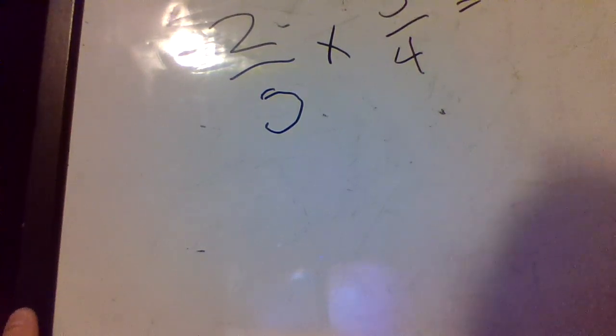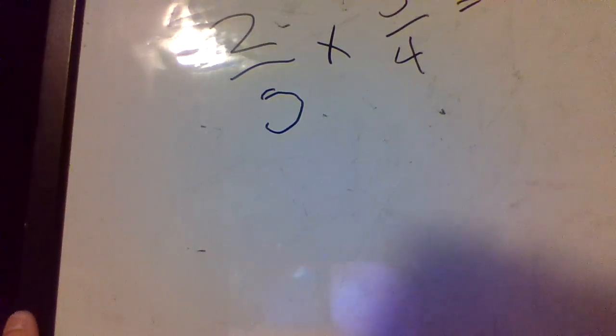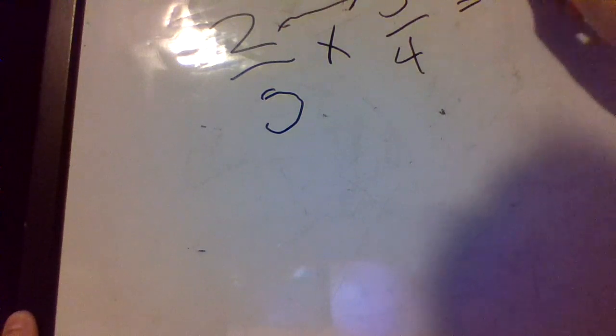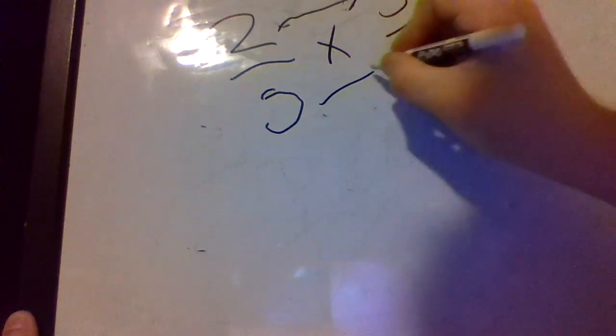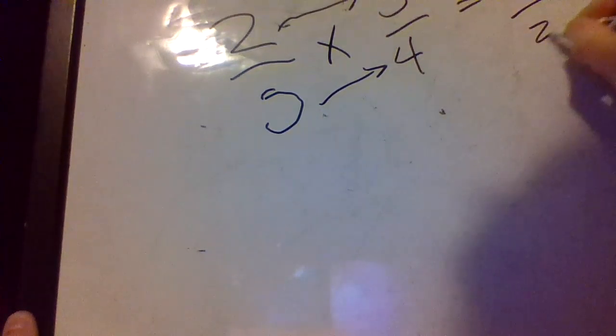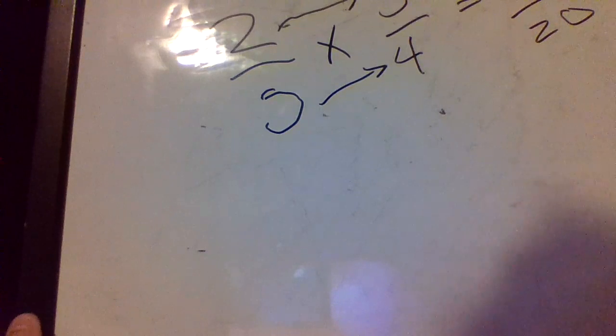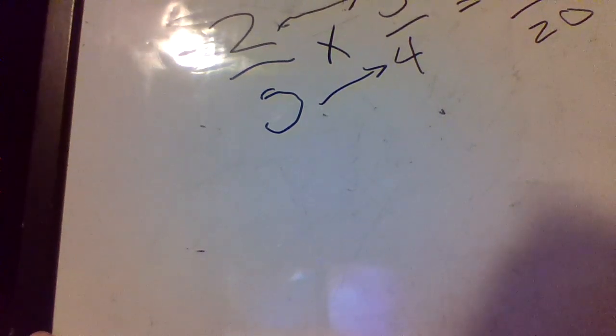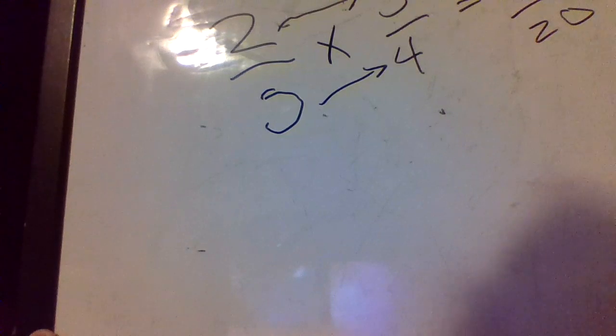However, the catch with that is you need to be good with your multiplication tables. So, if we multiply straight across, 2 times 3 is 6. And 5 times 4 is 20. So we are done with that problem. Wasn't that really, really simple?